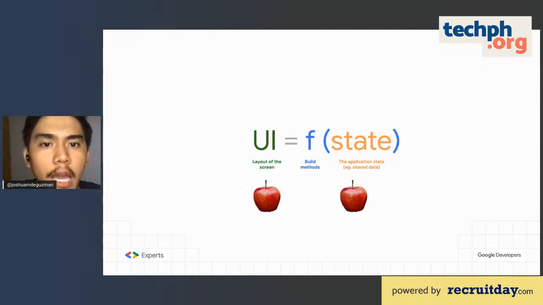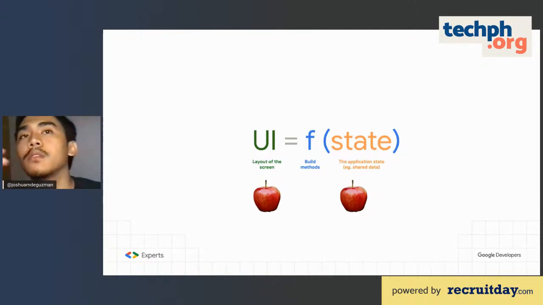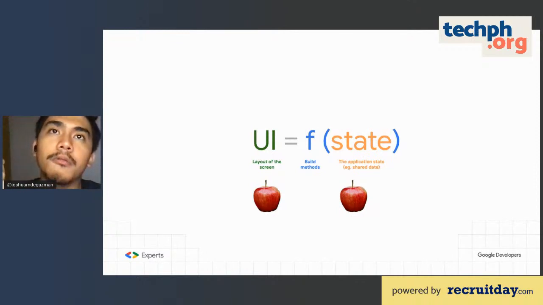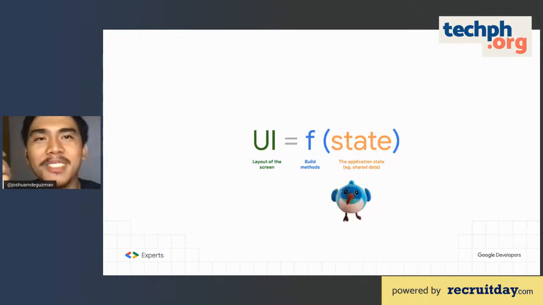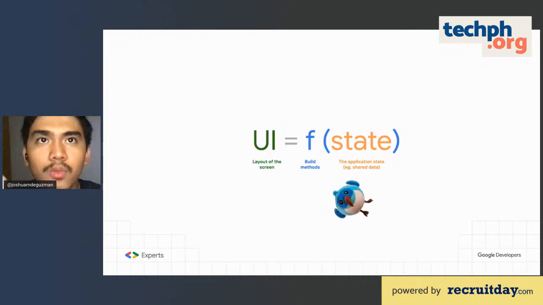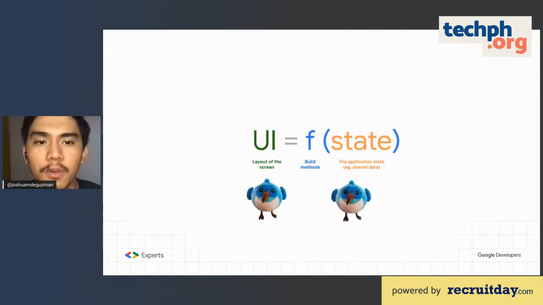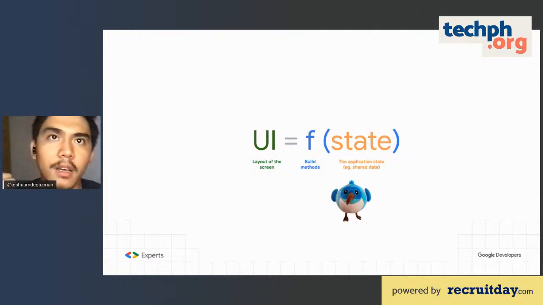That in turn creates the equivalent UI depending on the function and the states that you have set inside your code. Let's try another example. It's pretty much the same, but using Dash. Every time you call setState inside a state object, it will notify the framework that it needs to build the UI. So I just want to reiterate that every time you call setState, it rebuilds the UI.